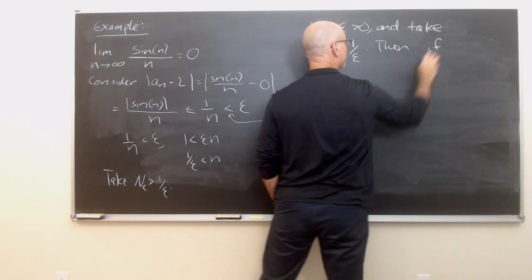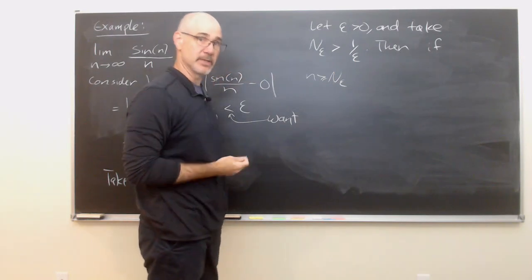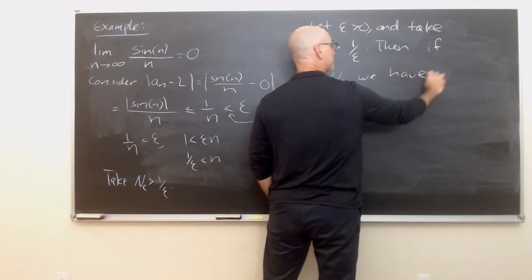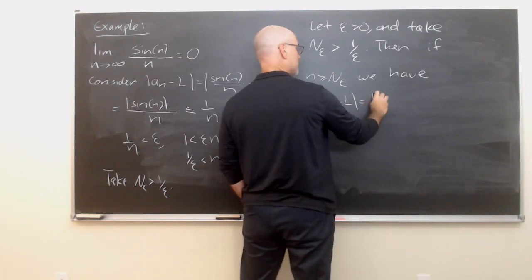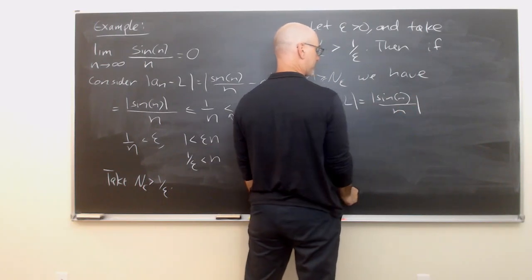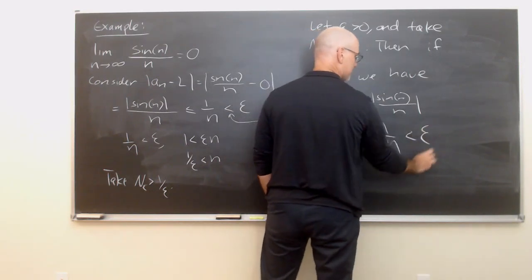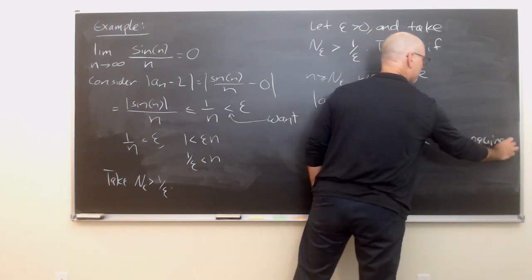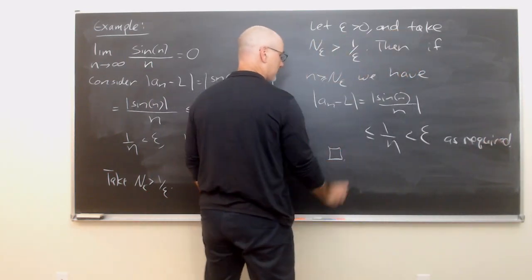Then, if little n is larger than that capital N, if we go far enough out in the sequence, then it will be the case that a sub n minus L, which is the absolute value of sine of n over n, will be less than 1 over n, which is less than epsilon by our previous work. As required. So that's the end of the proof.